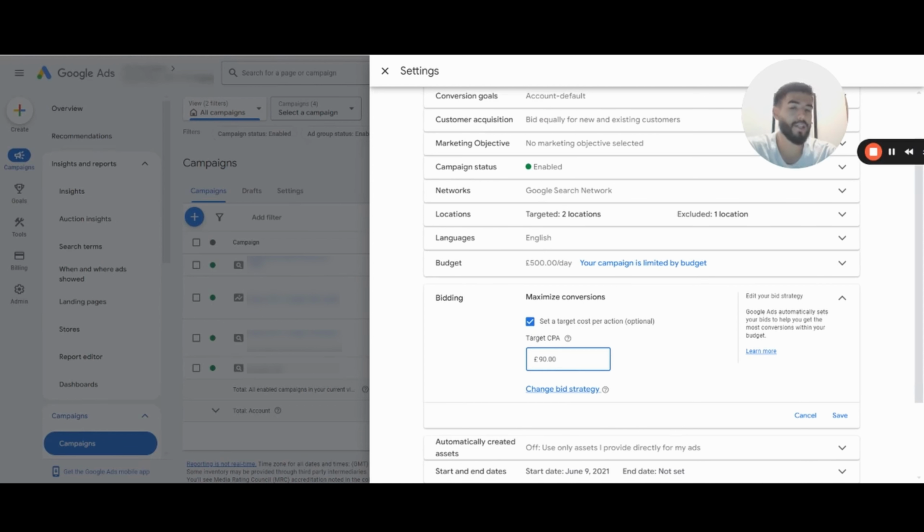And when I say jack it up, I'm not talking 2 or 3x. I'm talking 10 to 20% over a 2-day period to see if day over day the budget is spending. Because what happens is when you actually start to increase this, your budget will spend more fully because again, your bids are going to be a little bit more aggressive. Google's going to put you in the ad auction more because they feel more confident that they can actually get you a cost per lead or a cost per conversion at this amount.